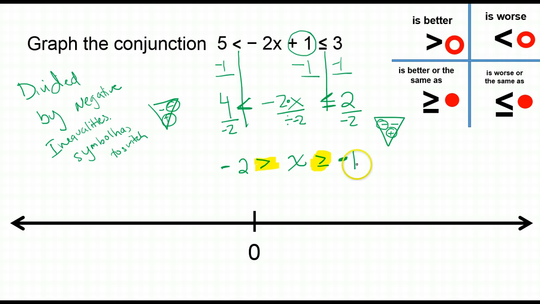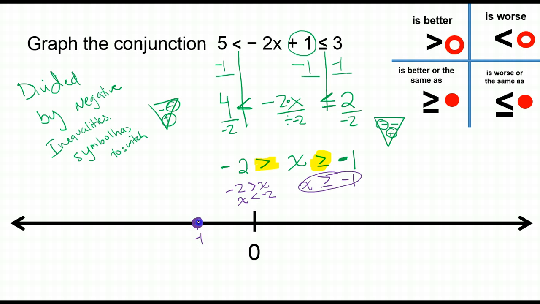All right, let's try and do this one. X is greater than or equal to -1, and -2 is greater than x. We'll switch this around. I know that's a lot of switching. We're going to switch the order. Okay, so let's start with -1. Filled in or open circle?